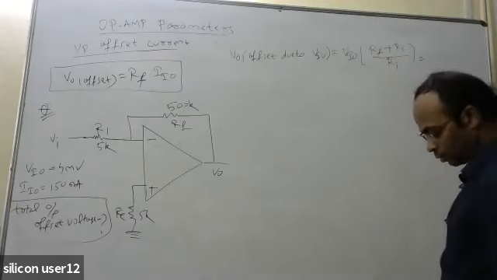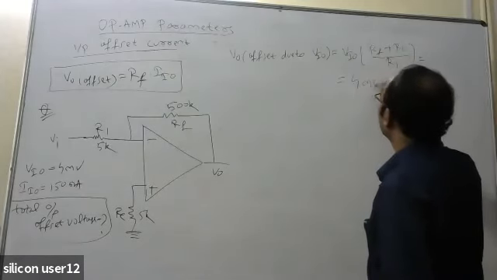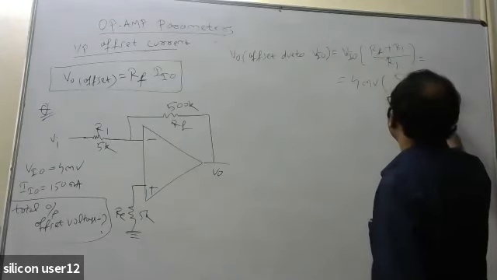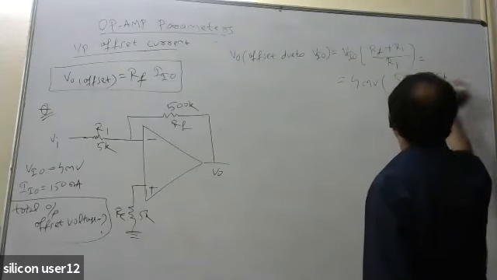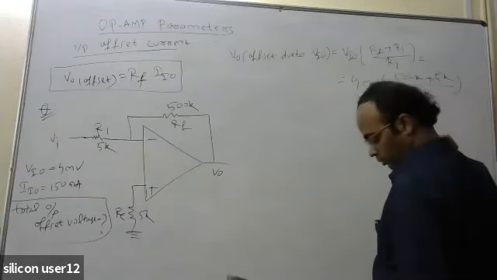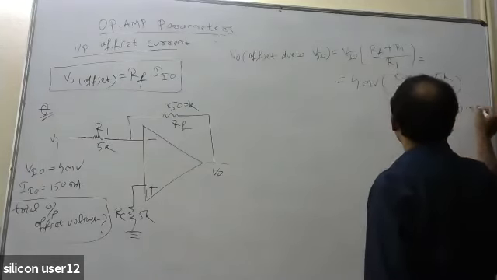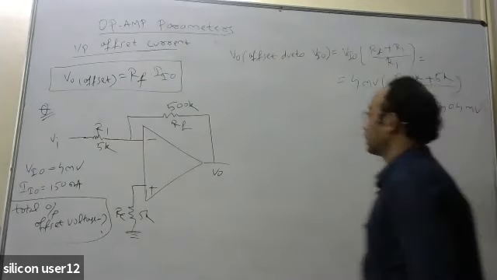Just put the values and calculate: 4 millivolt into (500K plus 5K) by 5K, so it will be 404 millivolt.